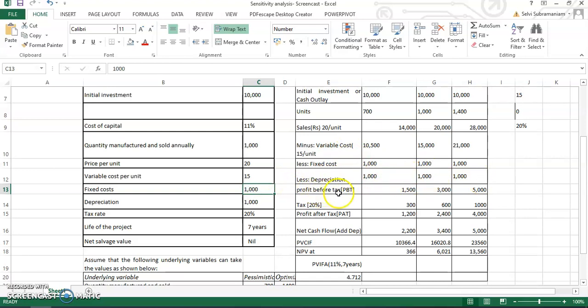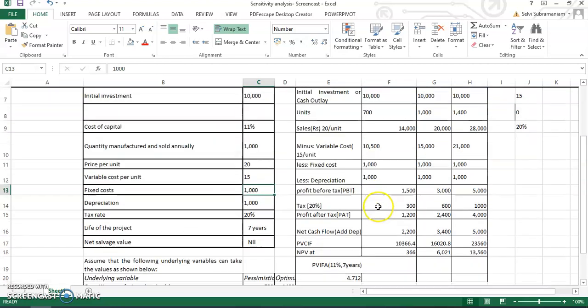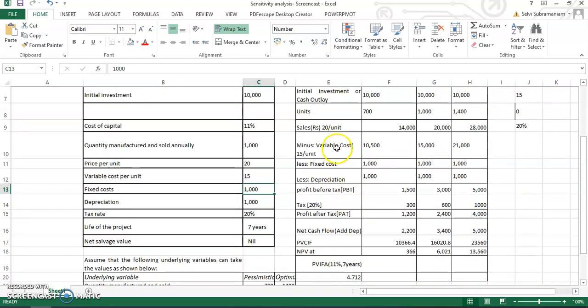So what is profit before tax? Profit before tax is after deducting the variable cost, the fixed cost and the depreciation. So we have 14,000 minus all this, that is 1,500; 20,000 minus all this, 3,000; and 28,000 minus all this, 5,000. Now we have to deduct the tax at the rate of 20%. So 20% of 1,500 is 300, 20% of 3,000 is 600, 20% of 5,000 is 1,000.